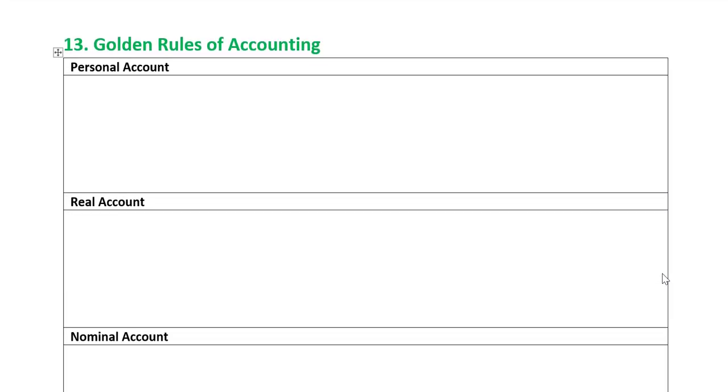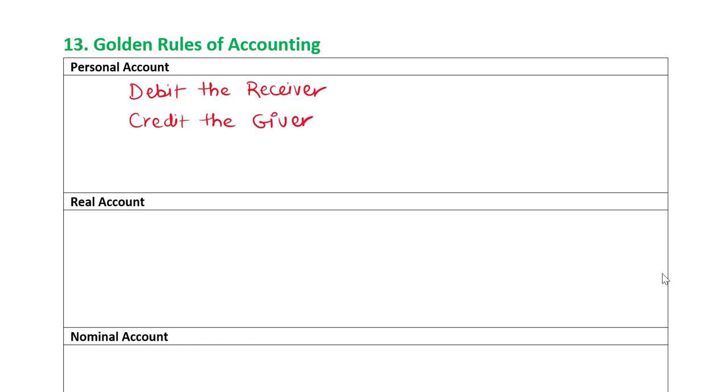Let's move ahead and see the golden rules of accounting. If I talk about the personal account rule, it is debit the receiver, credit the giver.